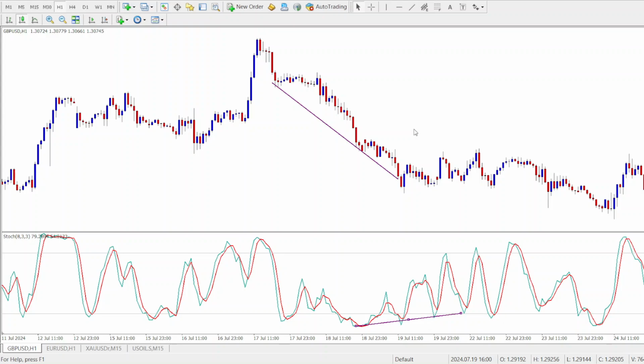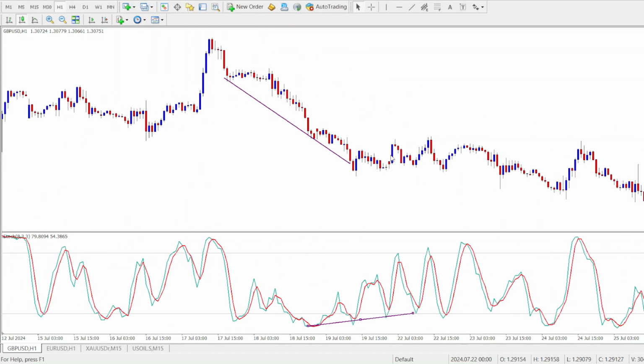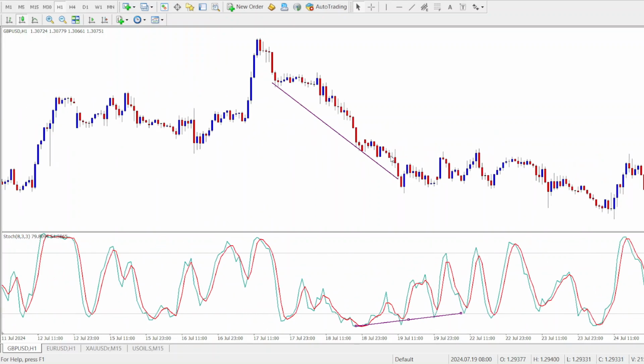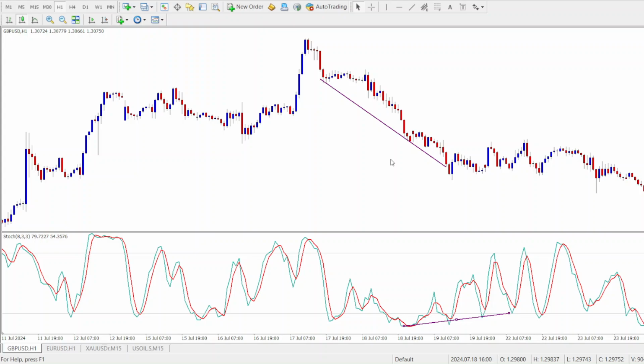Sorry, so I was saying that you will choose the indicator of your choice, and then you identify your regular divergence, which is when the price is making higher highs, but the stochastic is making lower highs.